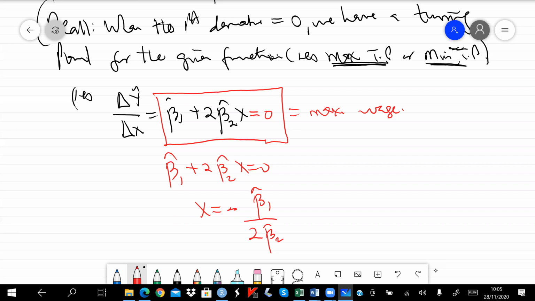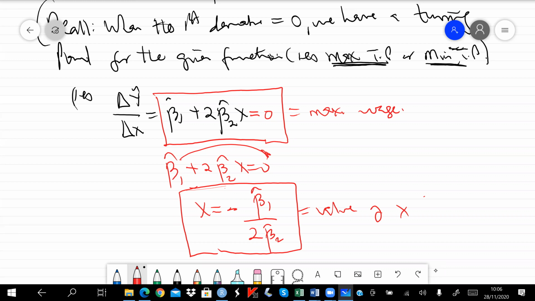You take this term to the other side, then divide by twice beta 2. This is the value of x, our experience, that will give the maximum wage.